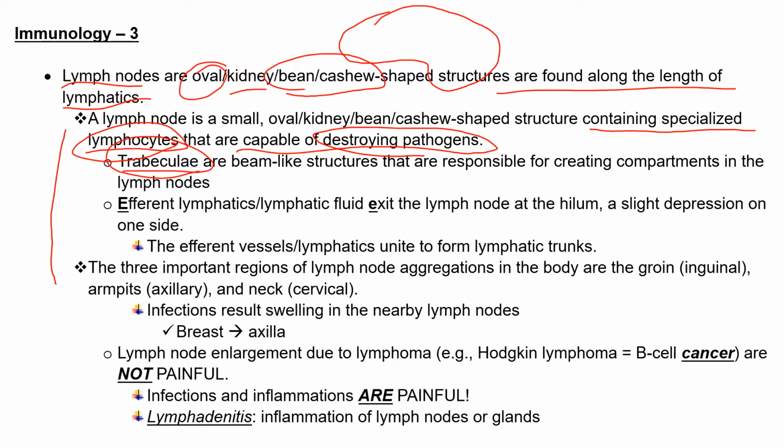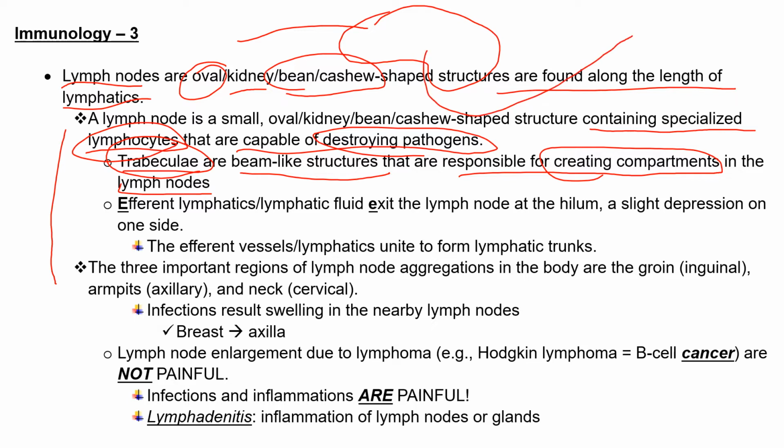And you've seen this word trabeculae as a part of trabeculae carneae for the muscles of the heart. No, these are different trabeculae. These are beam-like structures of the lymph nodes, and these are responsible for creating compartments in the lymph nodes, okay? So lymph nodes receive lymphatic vessels, and they also have lymphatic vessels that leave them.